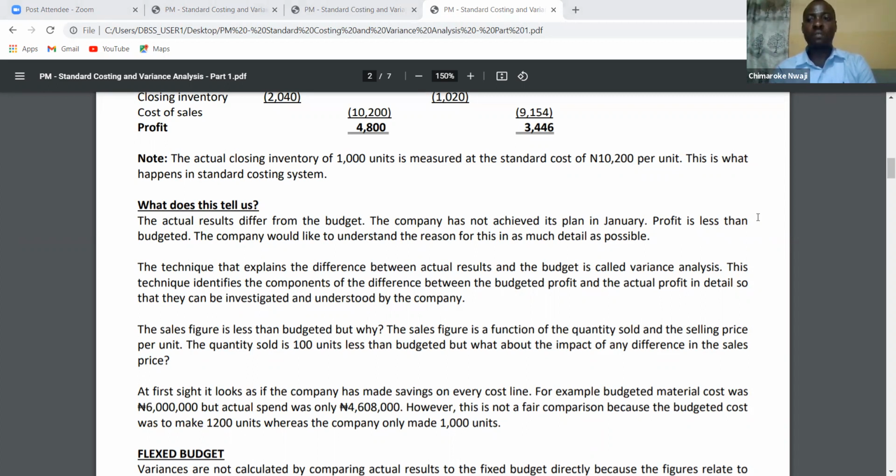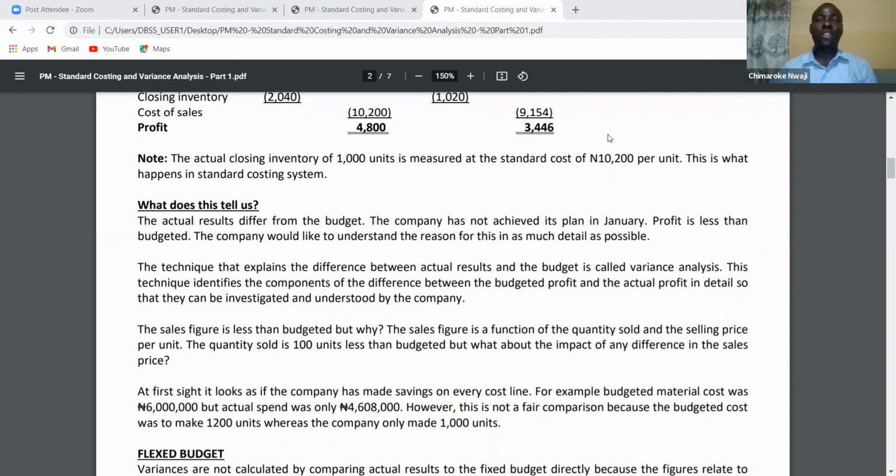A flexed budget. What is a flexed budget? Okay, a flexed budget is different from a fixed budget in the sense that a flexed budget is flexible. In the case of a fixed budget, we said it was rigid.